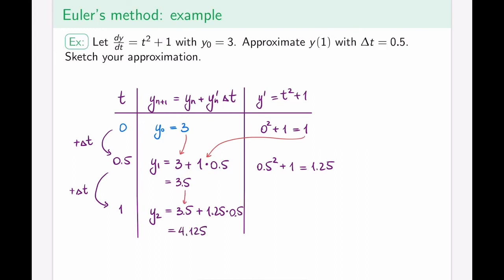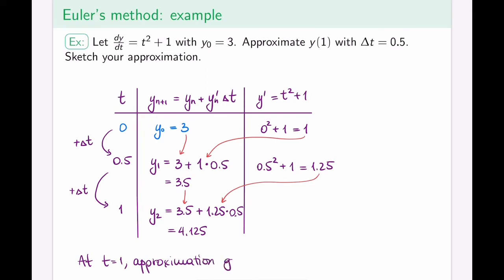And again, notice that I'm bringing all the information from the previous line into the computations of the next y value. Now, I was asked to approximate y of 1, so the y value at t equals 1, and this is what my y value is. So I don't actually need to go on calculating the slope here. I already have the value that I was asked to compute. So I can make my conclusion: at t equals 1, the approximate y value is 4.125.